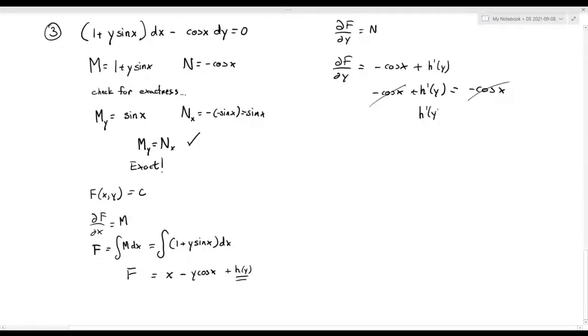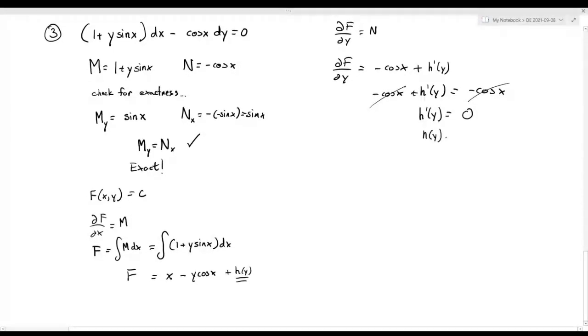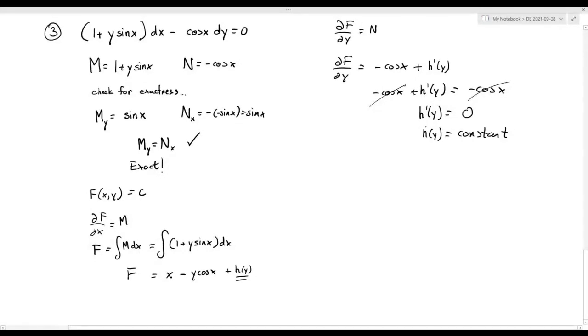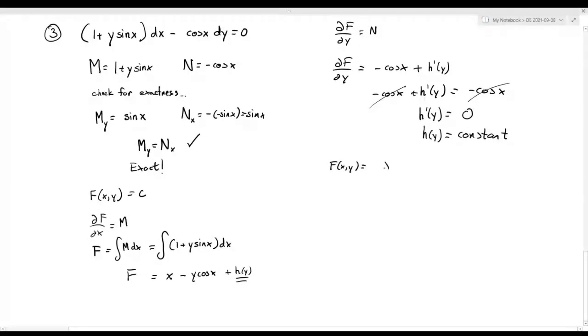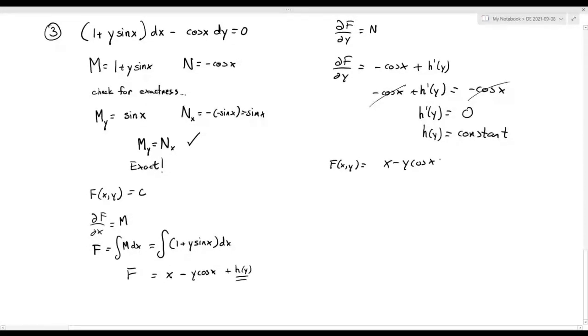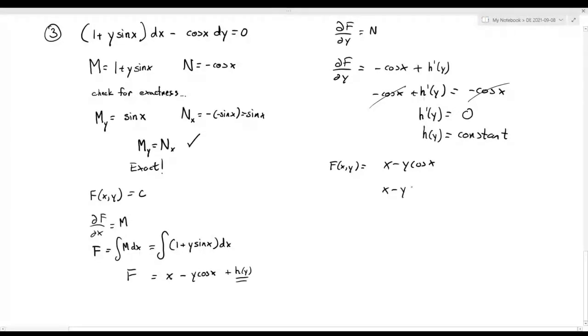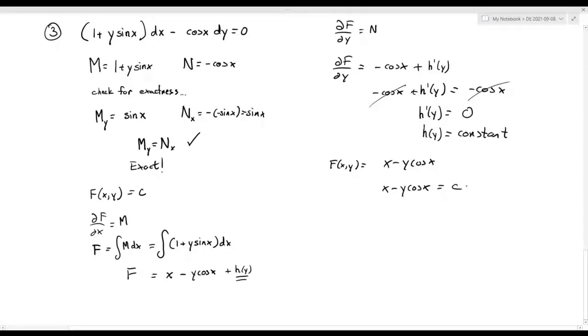Now we get h prime is 0. It just means h of y is an arbitrary constant. So we can update our function, and we can say that F is x minus y cosine x plus some h of y, which we'll just let be 0, and then the solution curve is the level curve for this function at c.